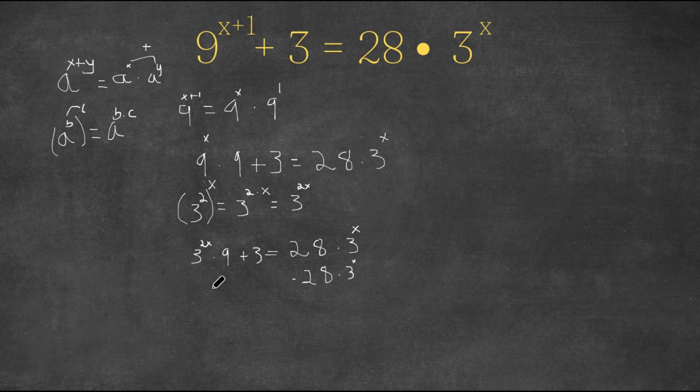By doing that, we get 0 on this side because these two cancel out. So we have 0 equals, well, we still have 3 to the power of 2x times 9, but now we have minus 28 times 3 to the power of x, plus 3.